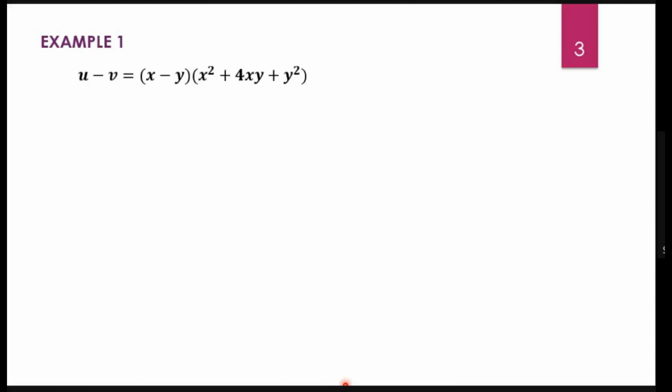u minus v is equal to x minus y into x squared plus 4xy plus y squared. But writing that starting step is important. You have to write the starting step. u minus v is equal to x minus y into x squared plus 4xy plus y squared.